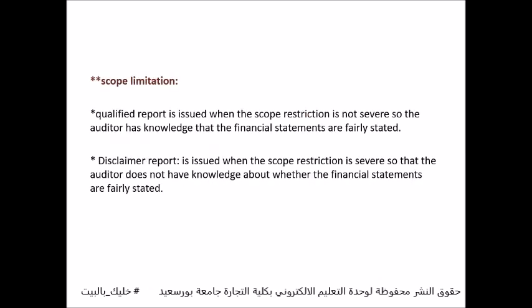While with respect to scope limitation, the qualified report is issued when the scope restriction is not severe, so the auditor has knowledge that the financial statements are fairly stated. While a disclaimer report is issued when the scope restriction is severe, so that the auditor doesn't have knowledge about whether the financial statements are fairly stated.